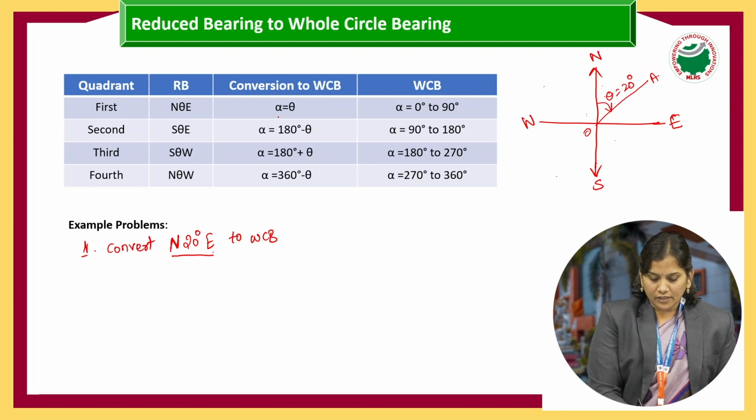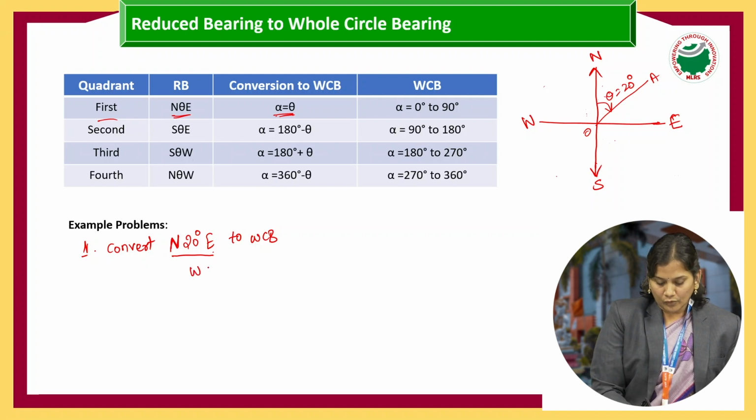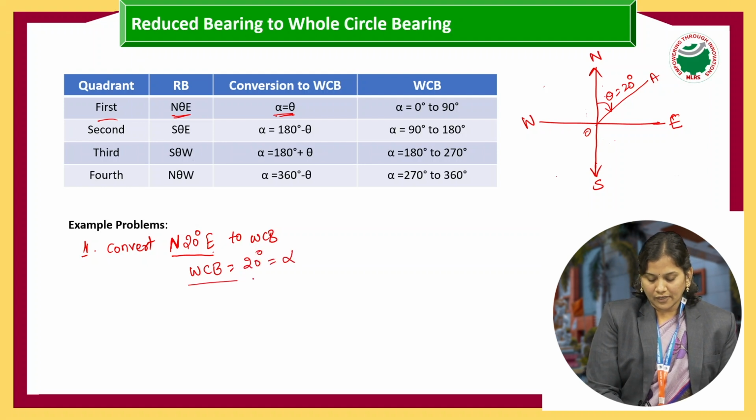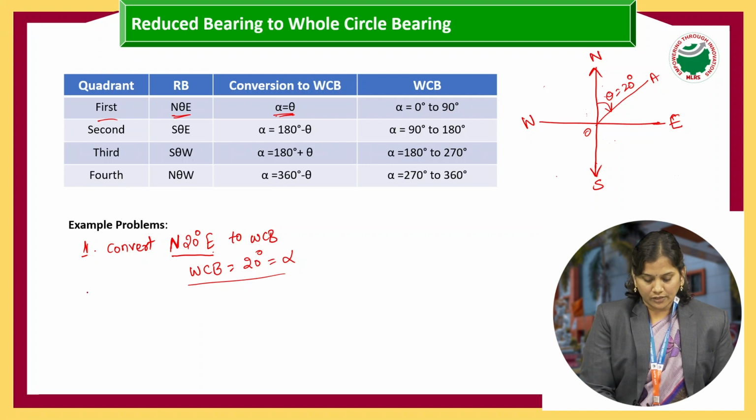When our survey line is in the first quadrant, north theta east, alpha equals theta. The whole circle bearing is equal to the reduced bearing value, and the range is 0 to 90. For our problem it is 20 degrees.